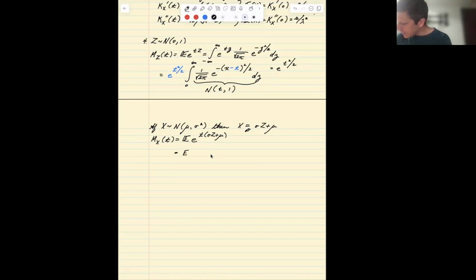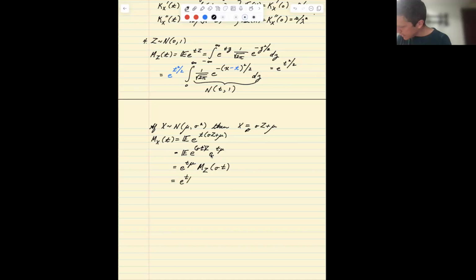But this is the expectation of e to the sigma t z times e to the t mu. E to the t mu is just a constant, so that can come outside the expectation. And then what we're left with is the moment generating function of z evaluated at sigma t.